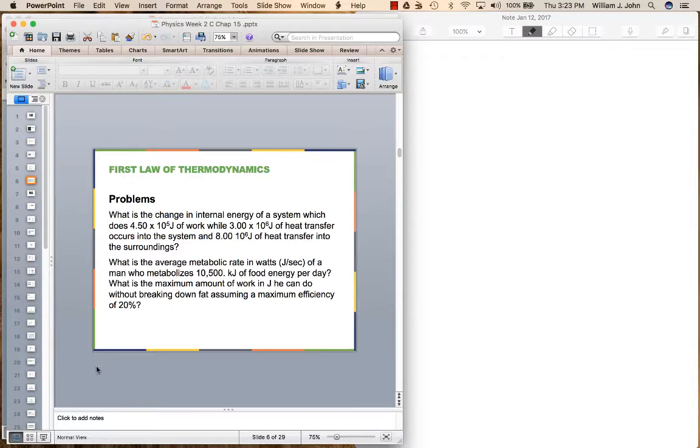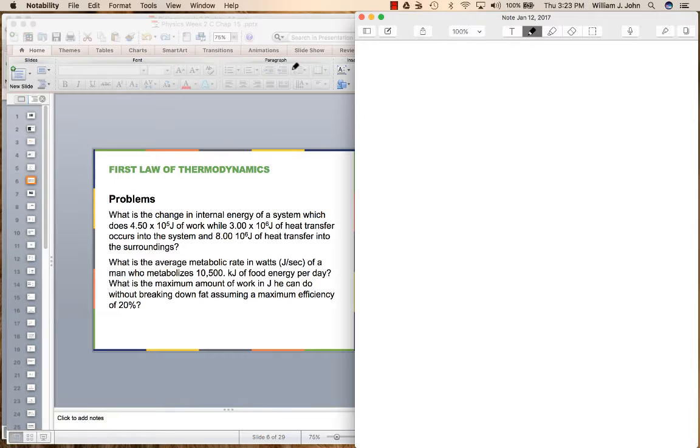So you have both a transfer of heat out of the system into the surroundings and into the system at the same time. So how would we go about doing that?